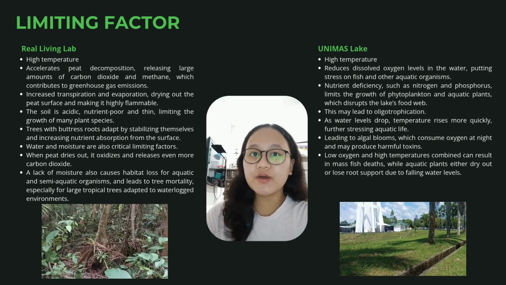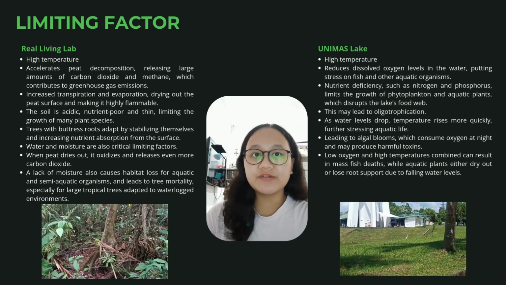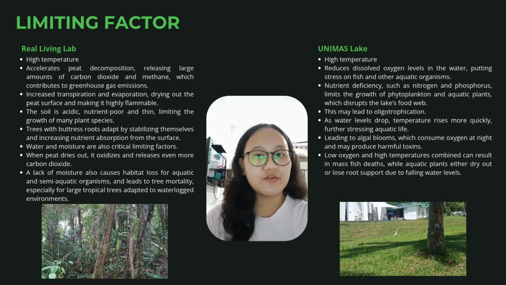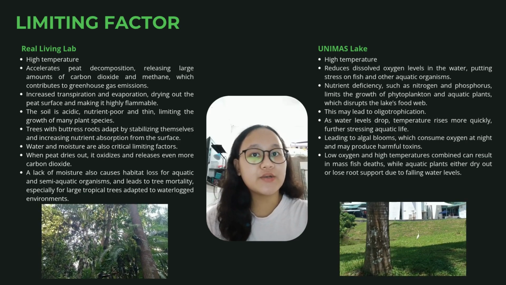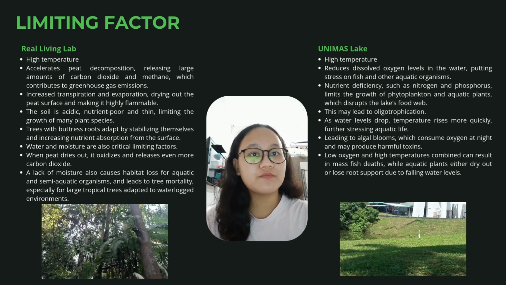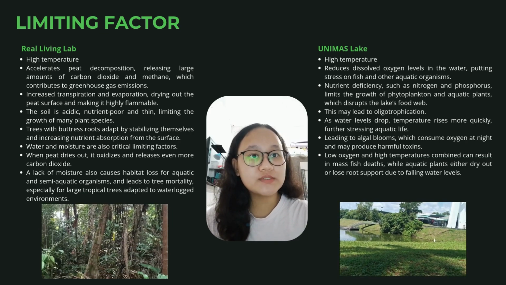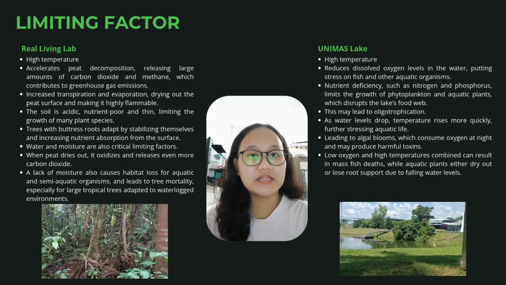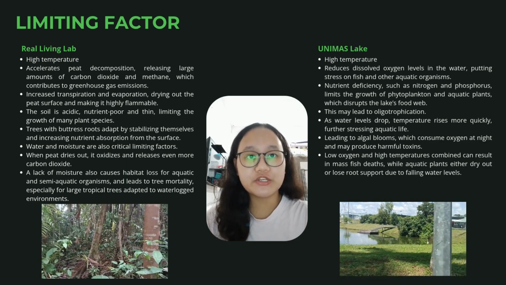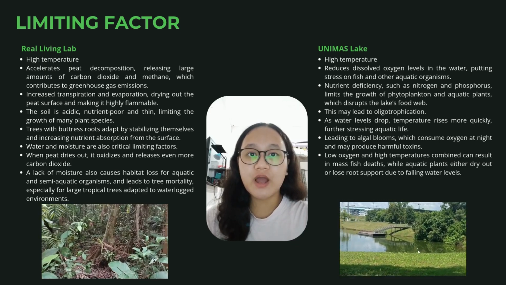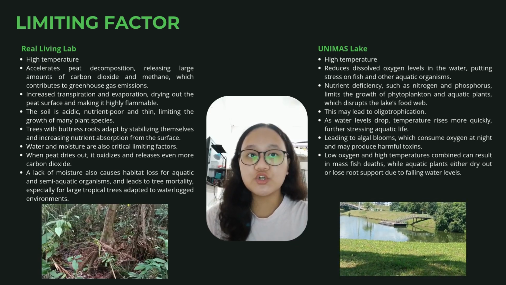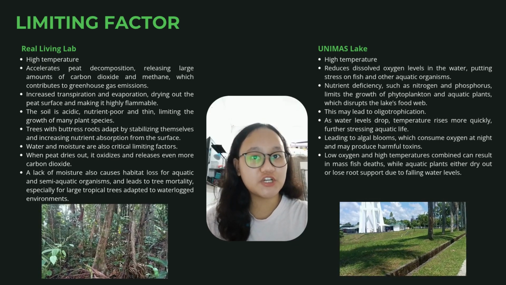Now, let's talk about the limiting factors, which are the environmental conditions that restrict growth, reproduction, and survival in each ecosystem. At the Real Living Lab, which includes a peat swamp forest area, one of the most significant limiting factors is high temperature. Increased temperature accelerates peat decomposition, releasing large amounts of carbon dioxide and methane, which contribute to greenhouse gas emission.